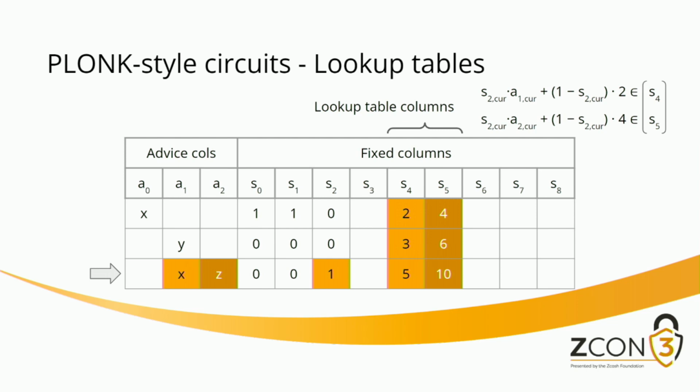We can do that with this lookup constraint that we have in the top right here. Although note that, again, because the lookup constraints apply to every single row as per how PLONK works, if we want to be able to only look up on some rows, we have to introduce a selector, and that requires also defining a default value to bind into the lookup argument when you're not actually binding a cell.